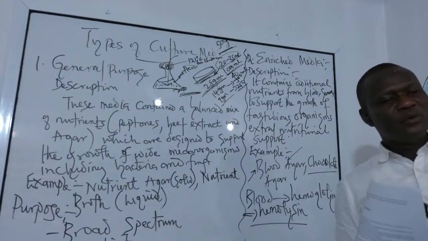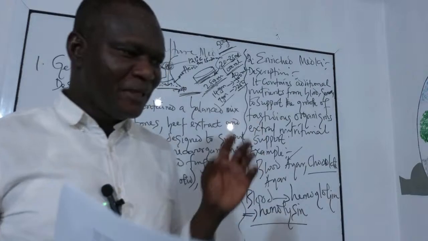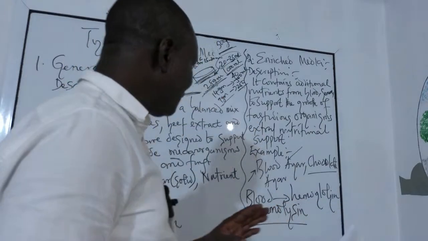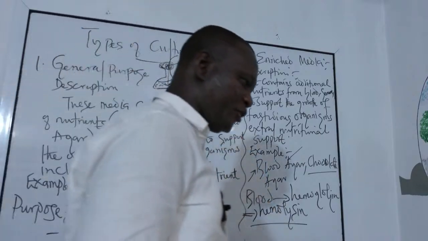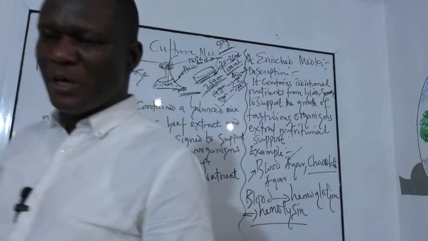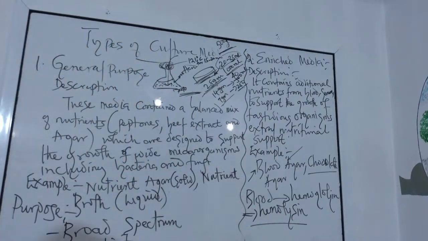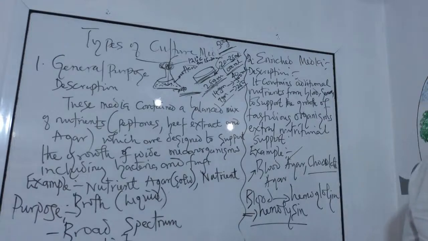From the word selective, this type of media is very, very selective in nature. And I'm going to give you examples, just like I gave you in the case of general purpose.